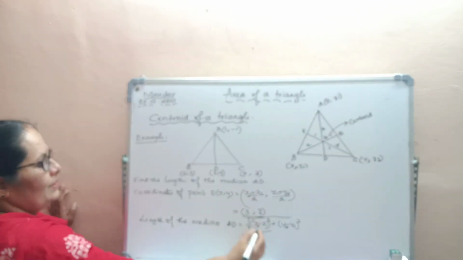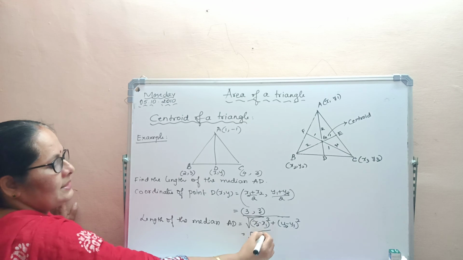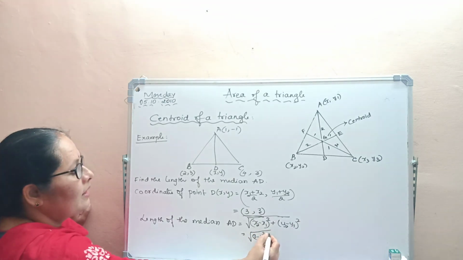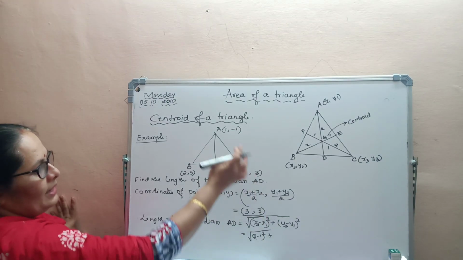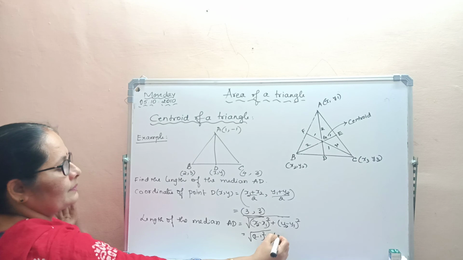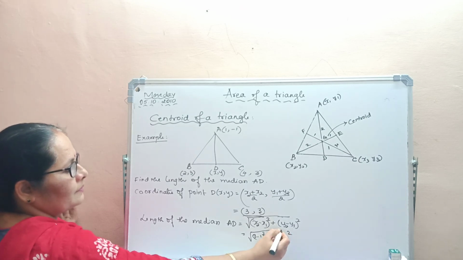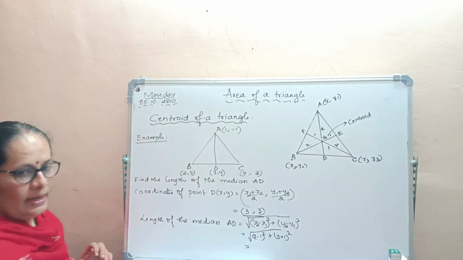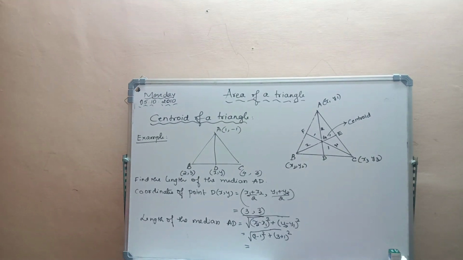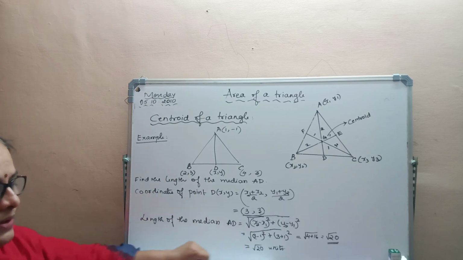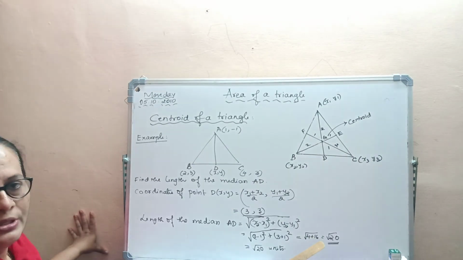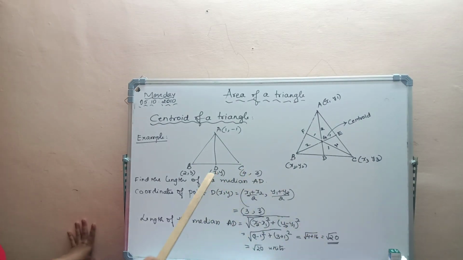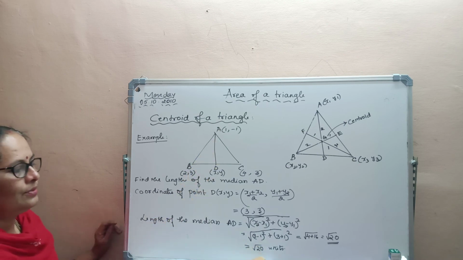So 3 minus 1 whole square, plus y2 minus y1. So 3 minus of minus 1 is plus 1. So 3 minus 1 whole square is 2, 2 square is 4 and 3 plus 1 whole square is 4, 4 square is 16. So which is root 20. Therefore the length of the median AD is root 20 units.